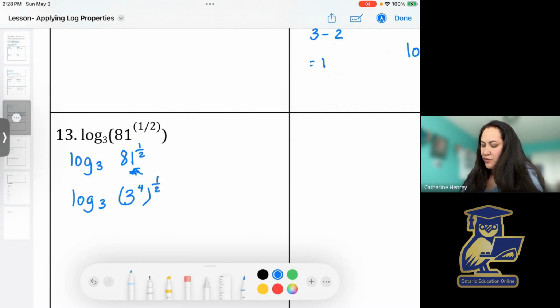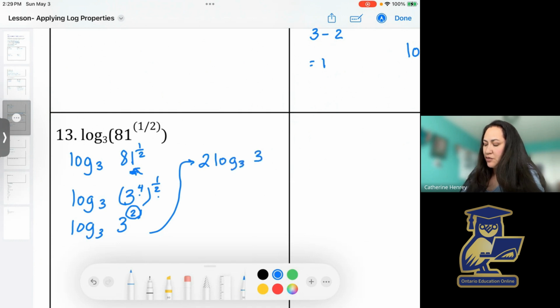So let's simplify that exponent rule. So the log of 3 squared, because 4 times 1/2 is 2, to the base of 3. We will bring out this exponent of 2 as a coefficient, so 2 times the log of 3 to the base of 3, and that simplifies to 1.